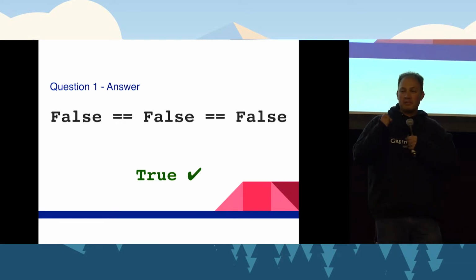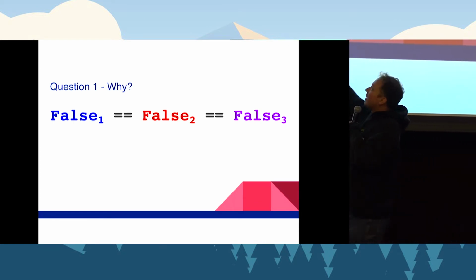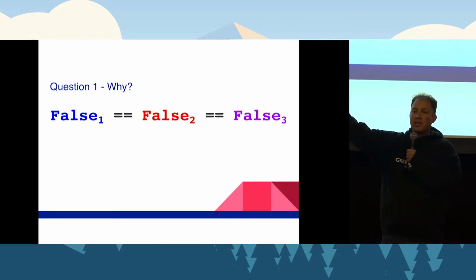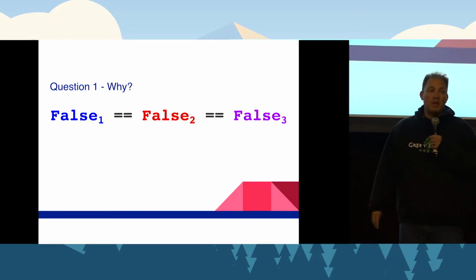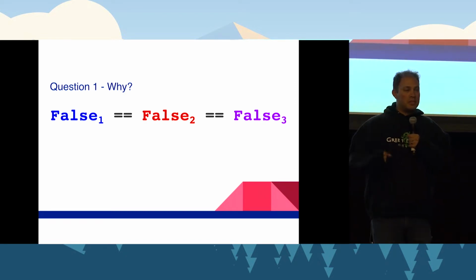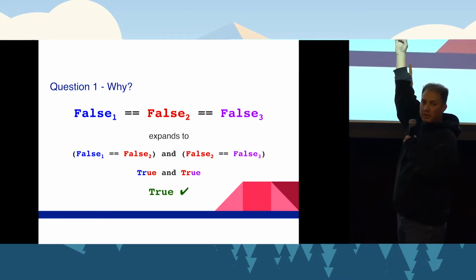It's because some people come from a C background, and some people come from a Python background. In Python, when we have a setup like this, we really have 3 separate objects, and we're calling an operator on each of them. Python expands this in a very particular way, because your tendency is to put the parentheses around the first 2 and then equate that.